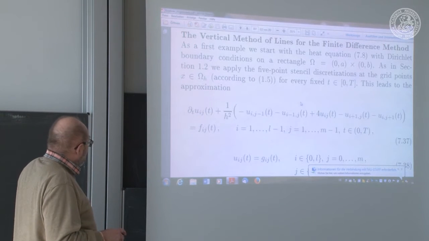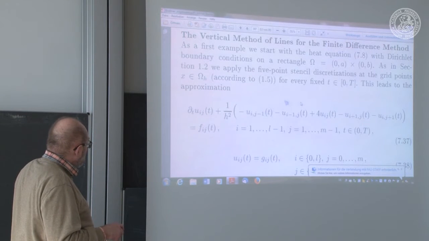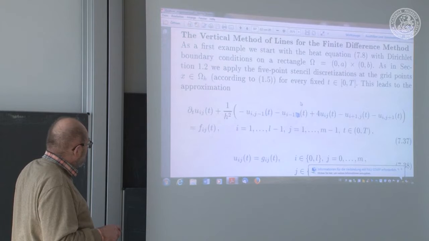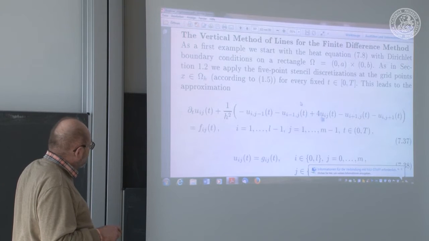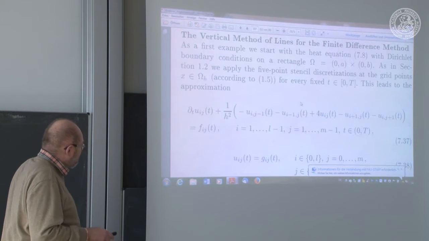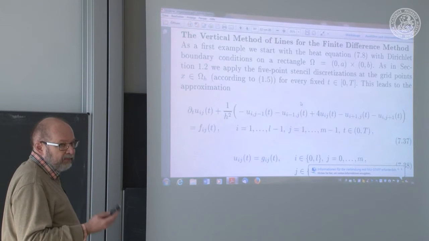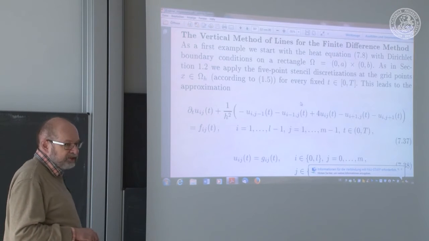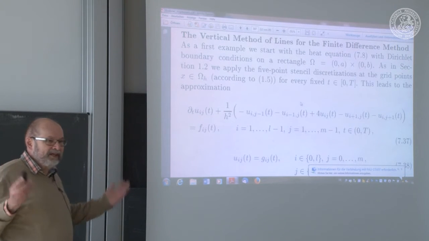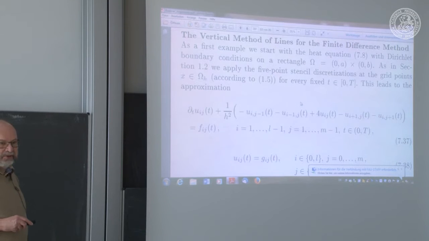Okay, so without the time derivative, we have always written this problem as A_h times the vector u equals a right-hand side, and now we do the same thing. Now the solution becomes time-dependent, the matrix not, because we have assumed that our coefficients, which are in this case constant equal to 1, do not depend on time.